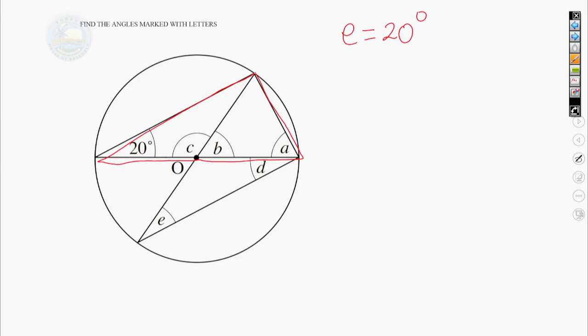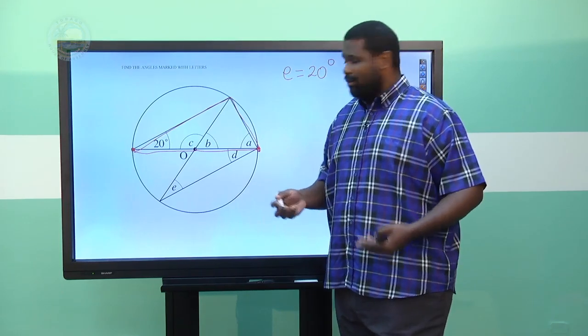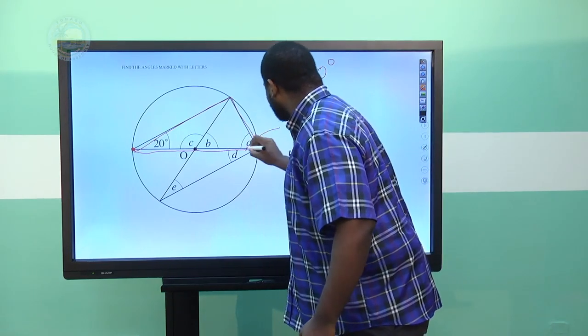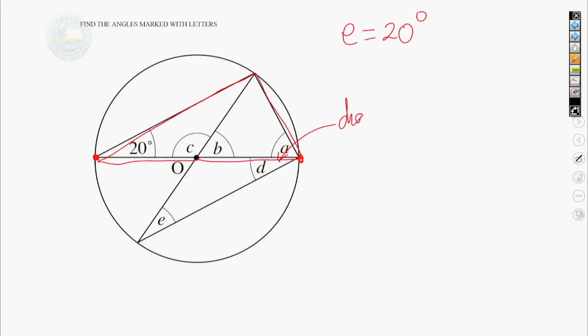Well, we see we have a line going from the circumference and going to another point on the circumference while passing through the center of the circle. Now, what is the special name given to that line? And as you would have seen in our classes before, this line is called the diameter.